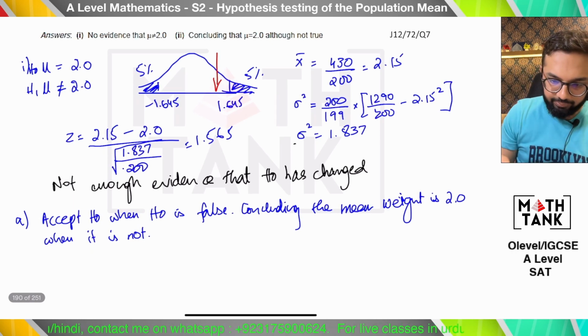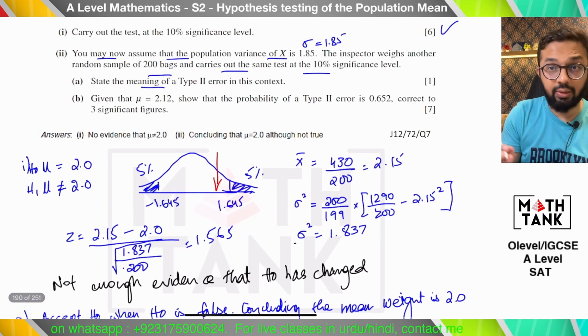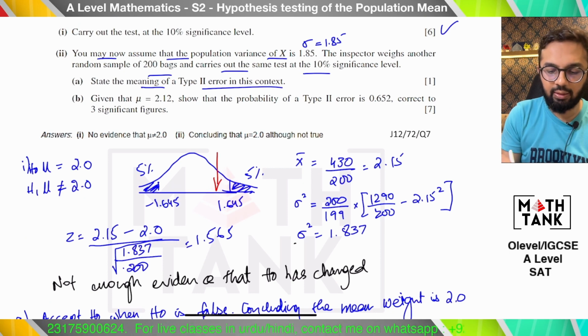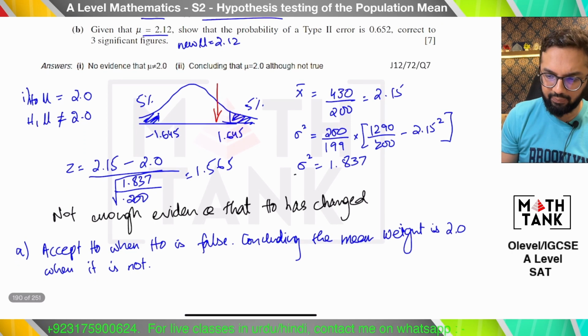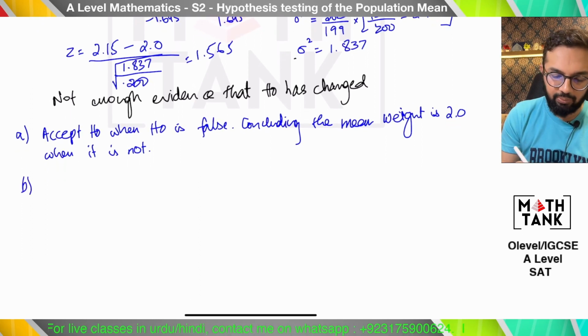Okay, that is in the context. Given that mu equals 2.12, so the new mu is 2.12. Show that the probability of a type 2 error is 0.652, correct to three significant figures. So probability of the acceptance region.